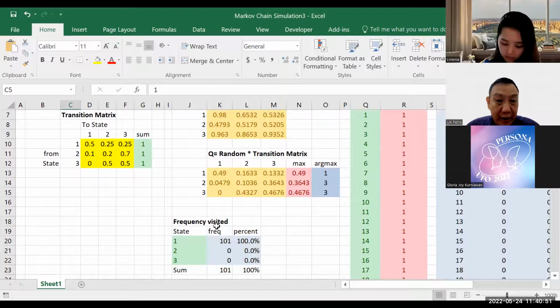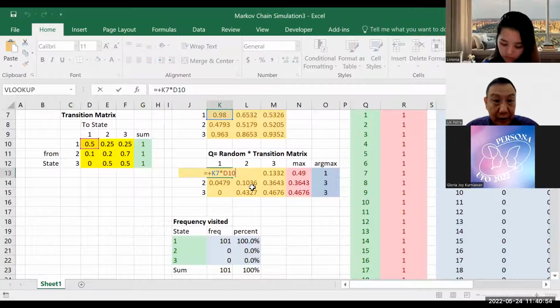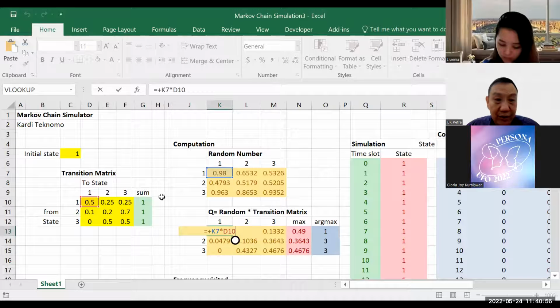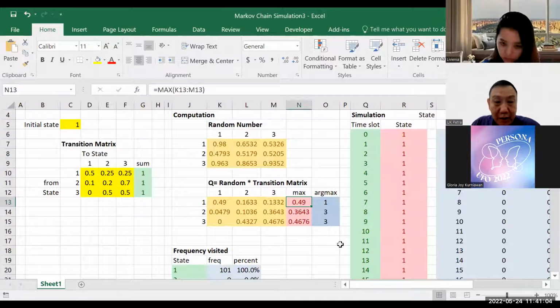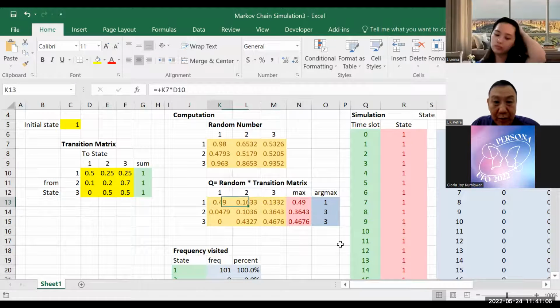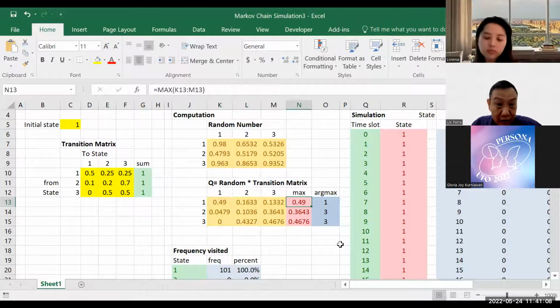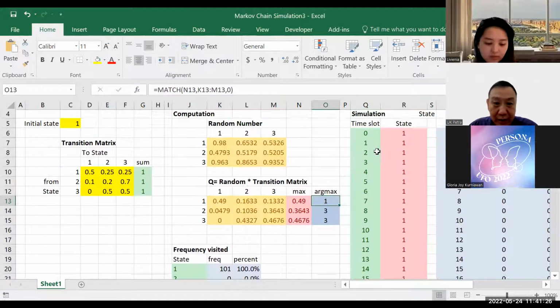From there I multiply the transition matrix by the random number, and then I get the maximum. Say for example here it is 0.49, the maximum, and then argmax tells which state it happened in. That state is the one that I put here.